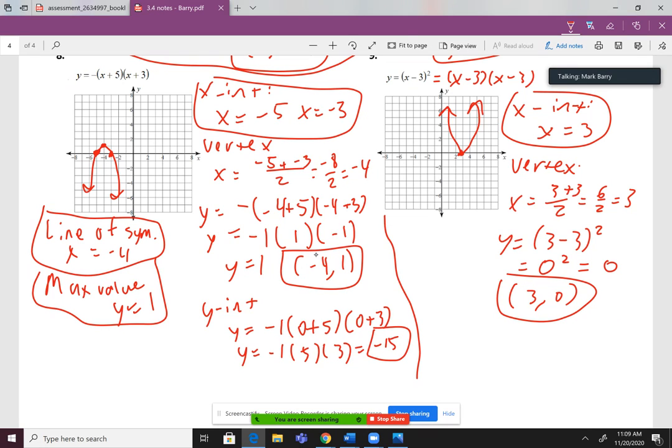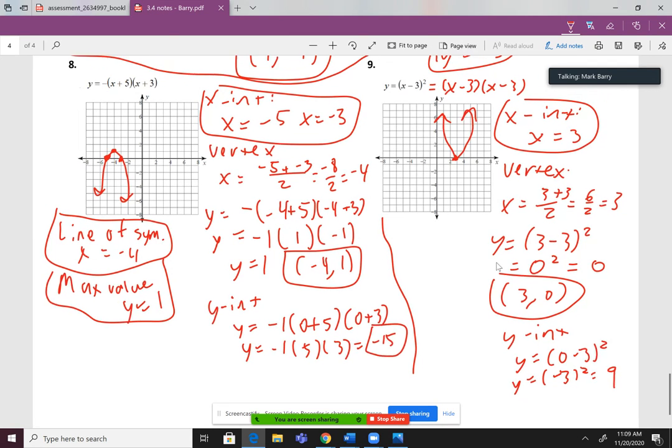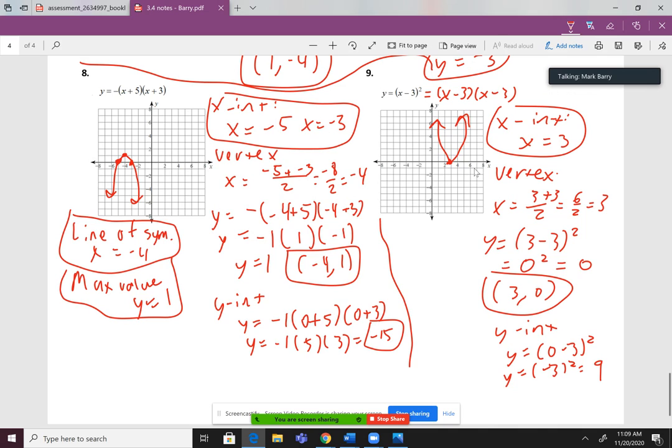If we found the y-intercept, it would be 0 minus 3 squared, negative 3 squared, which is positive 9. So that's kind of further confirmation that it opens up, because you can imagine, once again, I can't really see where it's hitting the y-axis, but it would hit up there at positive 9.